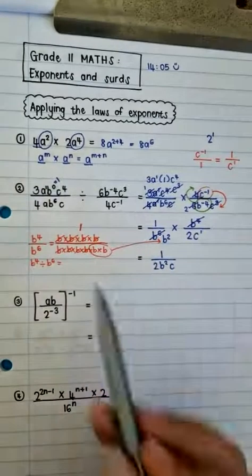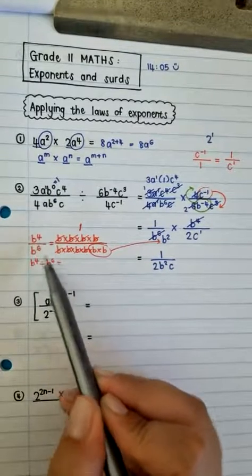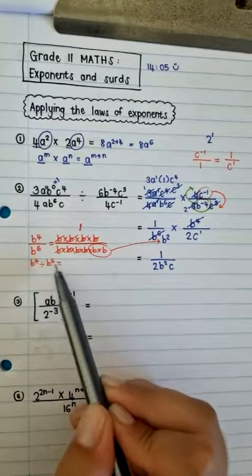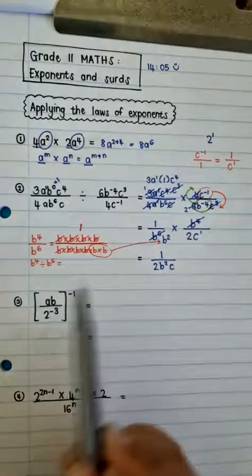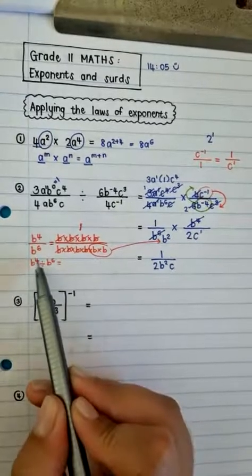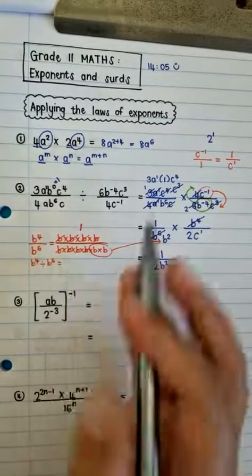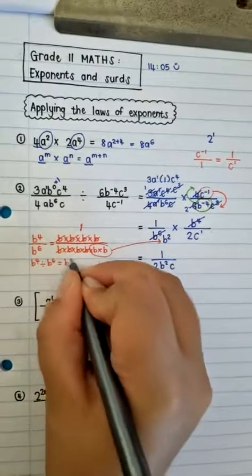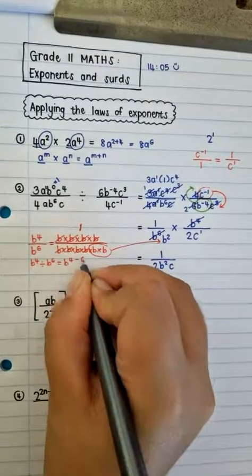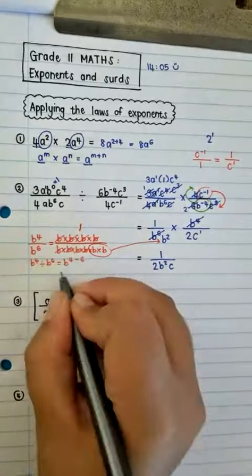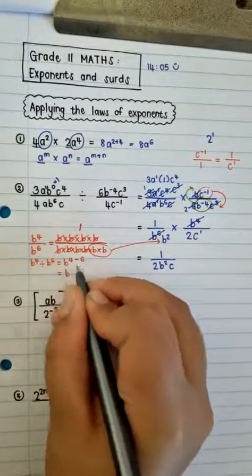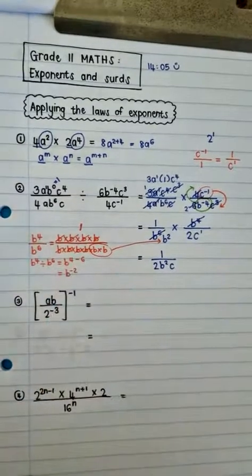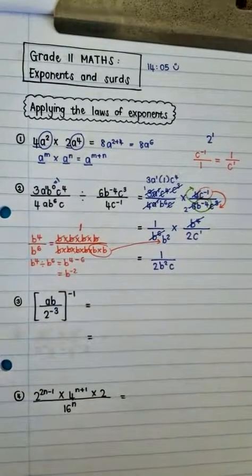In the first example. Here, if you are dividing and you have the same bases, you're going to minus the exponents, but you always take the first exponent minus the second exponent. So you will do b to the 4 minus 6. Now what happens there, though, is that 4 minus 6 is negative 2, right? So you get b to the power of negative 2.